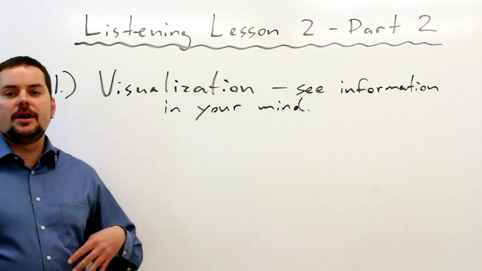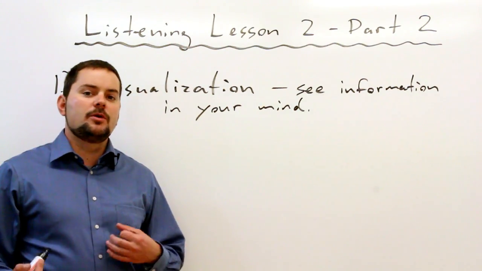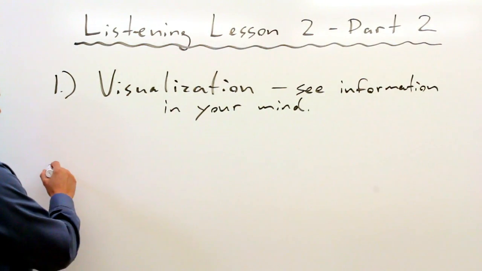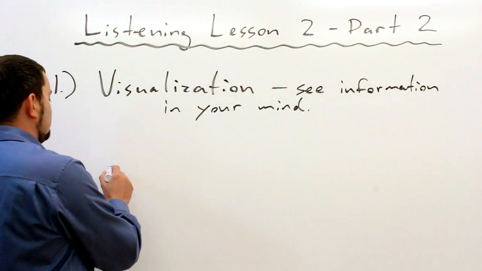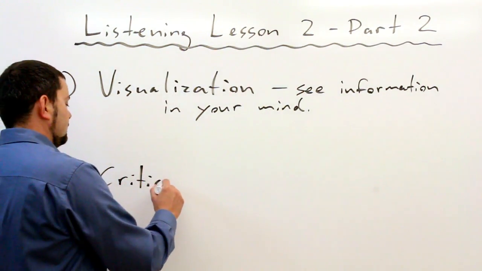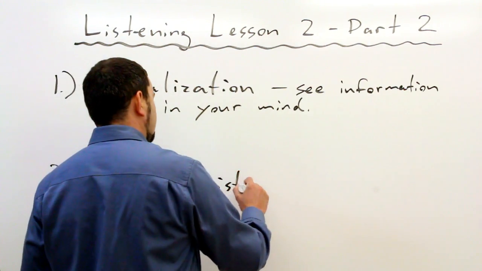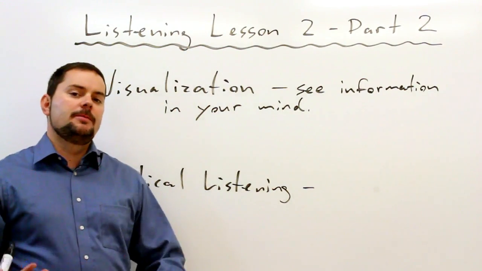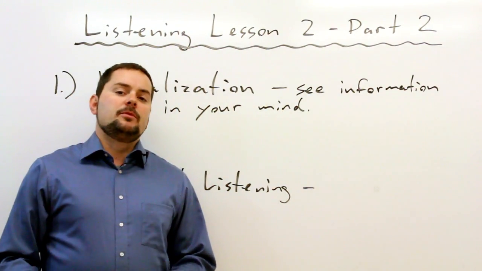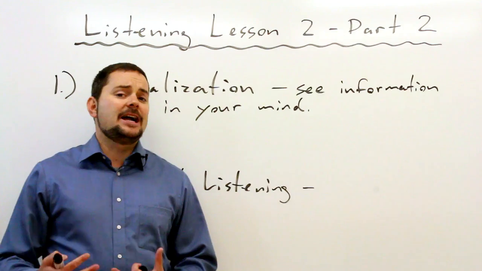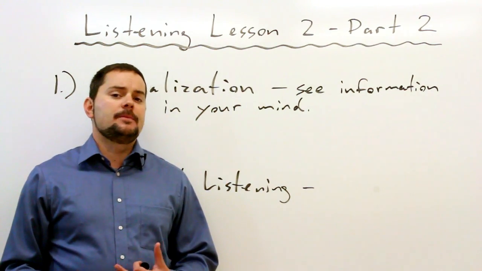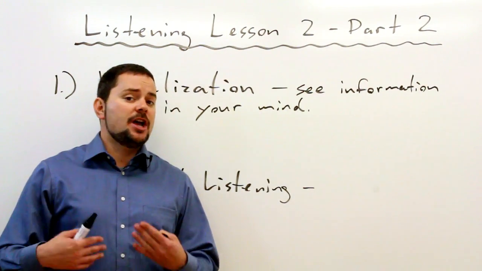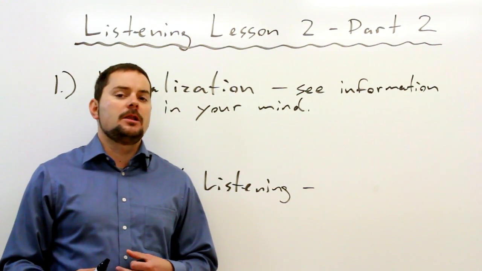All right, and then the second skill that we're going to be looking at is very importantly critical listening. And another way that we can think about critical listening, we've talked about this before, is basically active listening. So actively paying attention to what you hear and doing that by checking what you're listening to.